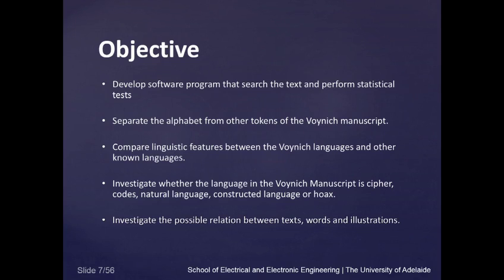Because this is an unknown language, we try to separate the alphabet from other tokens, because we don't even know what the numbers, tokens, or punctuation in the manuscript are. We also compare the linguistic features between this language and other known languages, in order to investigate whether this is a cipher, code, natural language, or even a hoax. In the end, we will also investigate the possible relation between the text, words, and the illustrations.